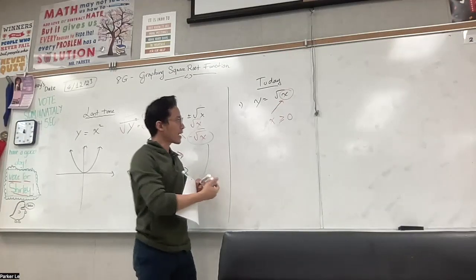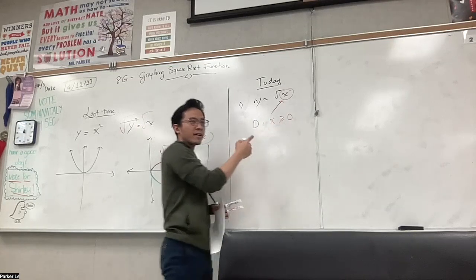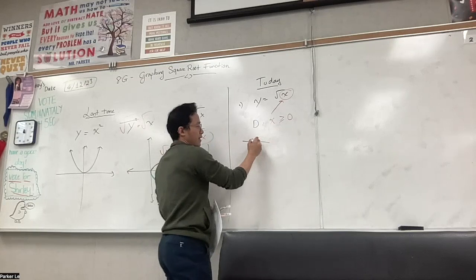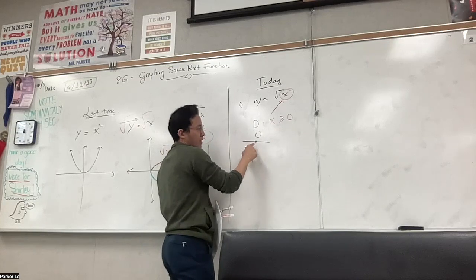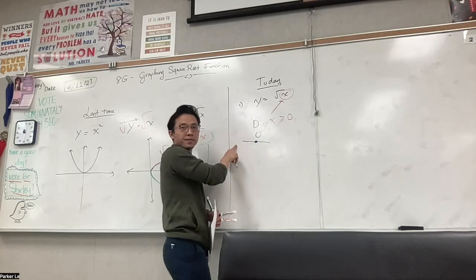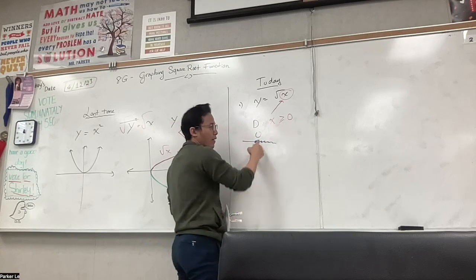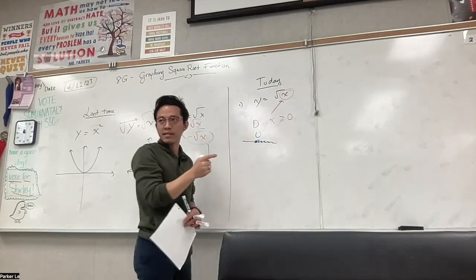So the domain is x larger than or equal to 0. How can I write this in interval notation? Let's say this is 0. Do I take the right part or the left part? The right, because it's larger than or equal to 0. So I take this part. How can I write this in interval notation?